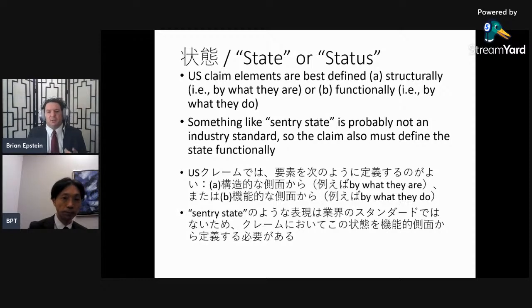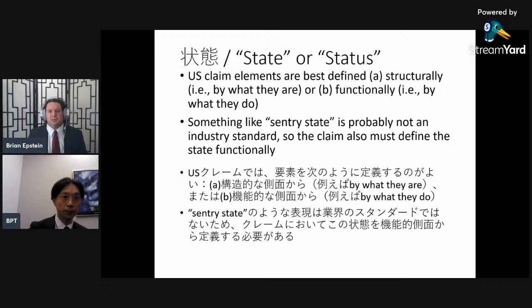And I say the word also here because it's probably not sufficient merely to recite transitioning into or from the sentry state, right? On its own, entering the sentry state or leaving the sentry state doesn't mean anything.